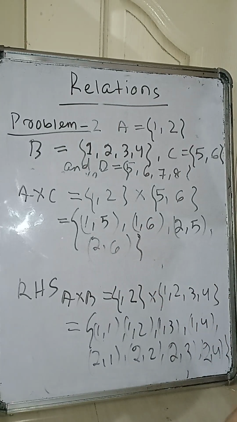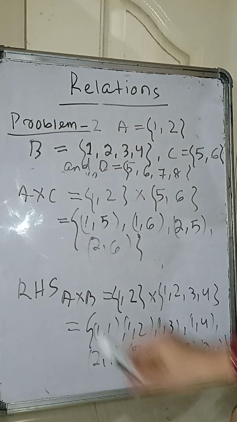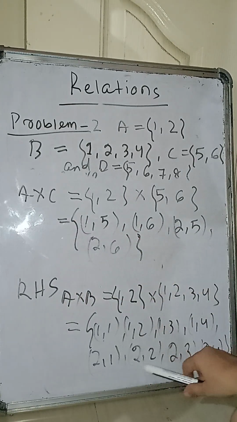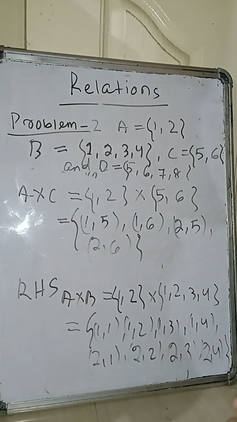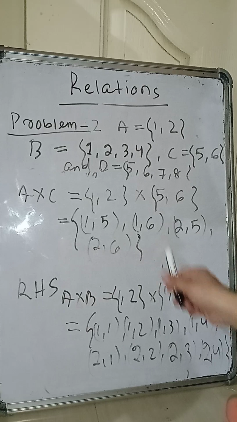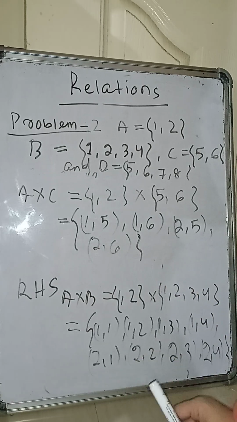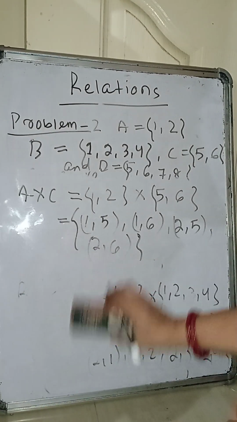Now next you have to find the Cartesian product of A and B intersection the Cartesian product of A and C. Now see from these two sets, what are the common elements? If there exists any common element, write it down. Is 1 5 present here? No. Is 1 6 present? No. 2 5 is not present here. 2 6 is also not present here. So what will we write here?